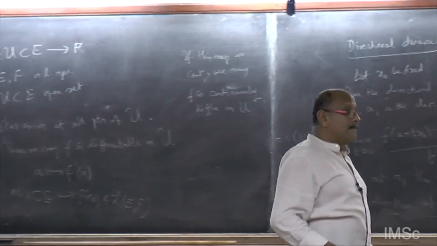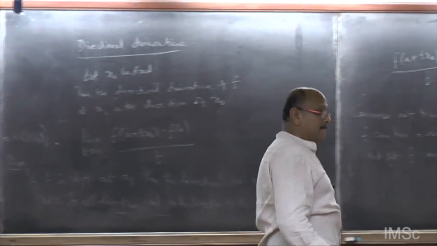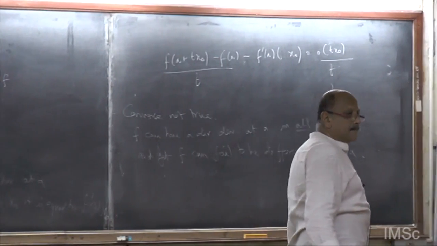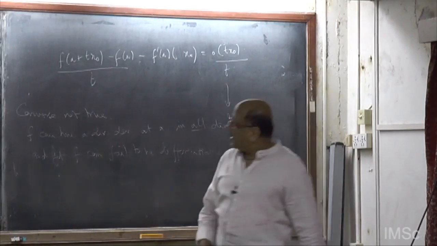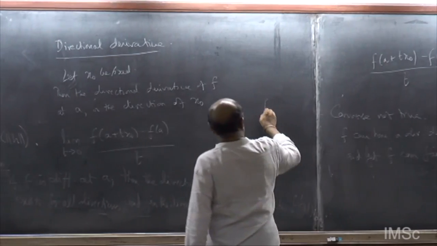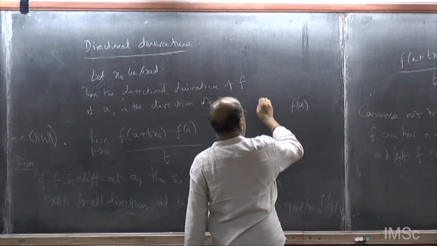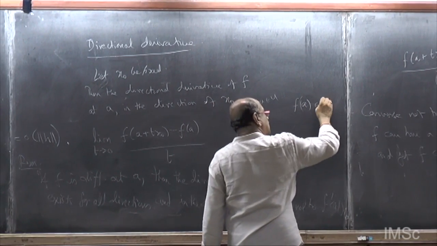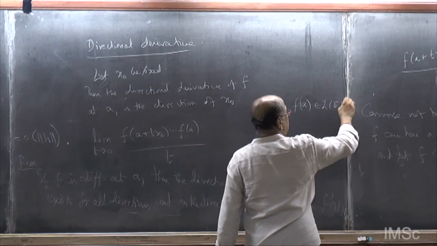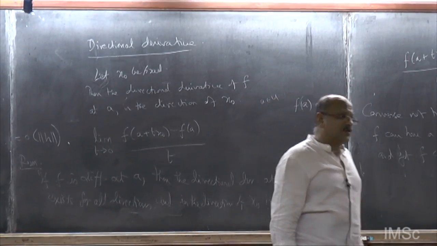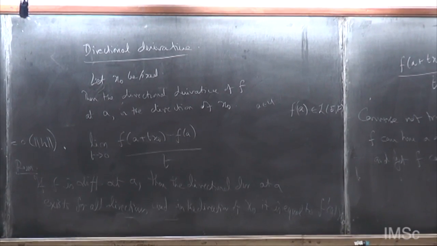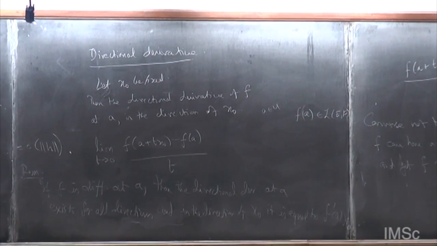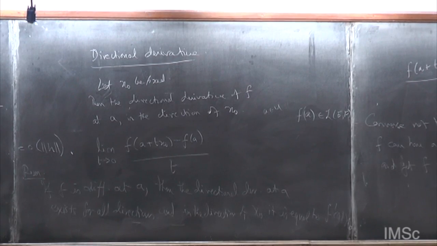If f is defined on U only, sir, then how does f' become L(E,F)? No, no, f'(a) for any a in U, this is a member of L(E,F), that is how we have defined it. That is the definition we have given. f'(a), the derivative, is a continuous linear mapping from E to F. That is the definition.